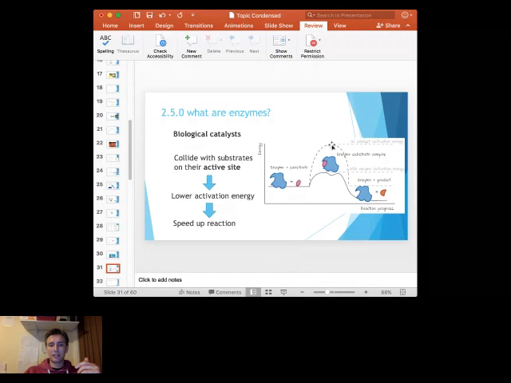And what an enzyme does is simply bring this down to a lower state, meaning that more particles are going to have enough energy to react, and hence the reaction is going to happen faster. Can anyone tell me why it might be useful to have enzymes in a biological organism?